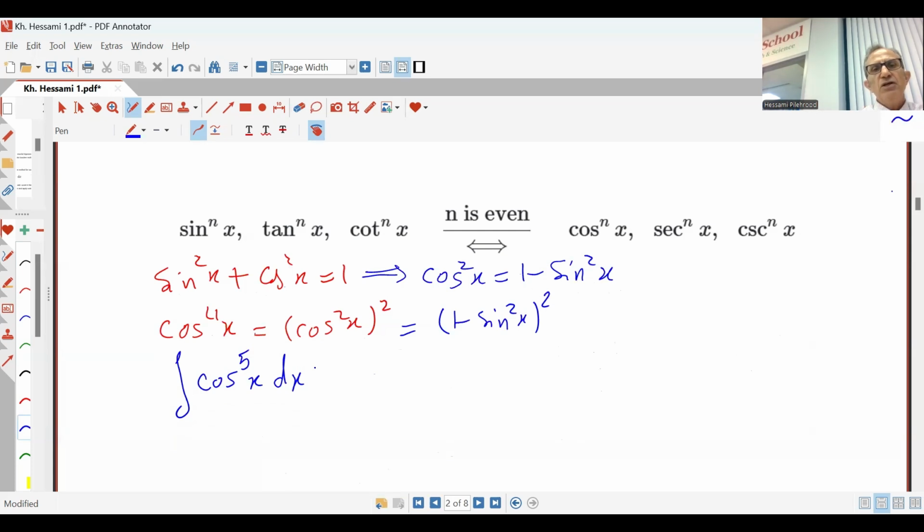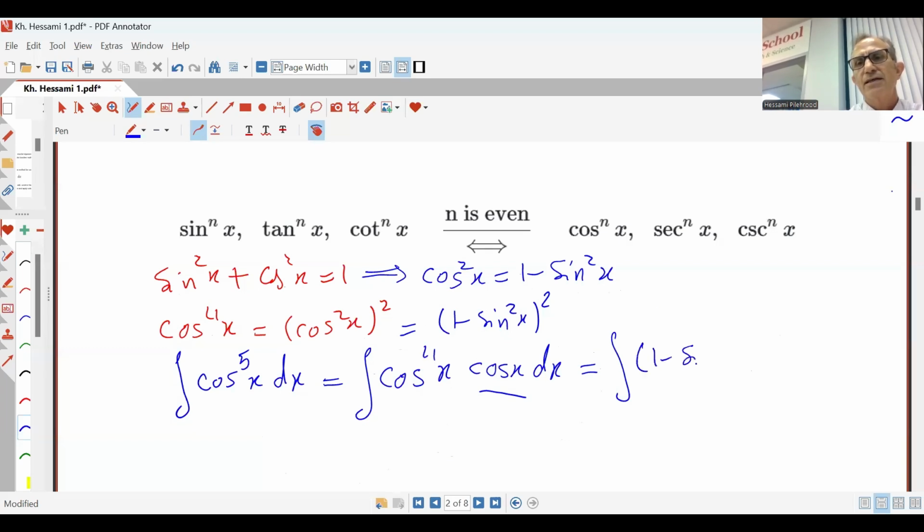But if we keep one copy of cosine x and change the rest of them to sine x by using the Pythagorean identities in this way, cosine to the power of 4x cosine x dx, we keep one copy of cosine x and rewrite the rest of the cosine x in terms of sine x: 1 minus sine square of x, squared, cosine x dx.